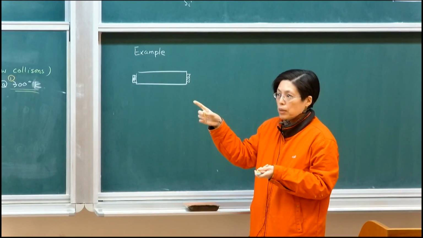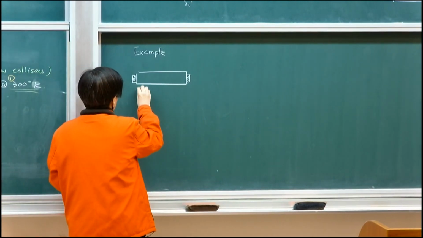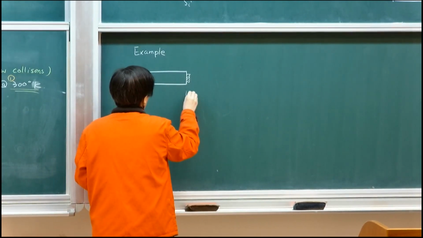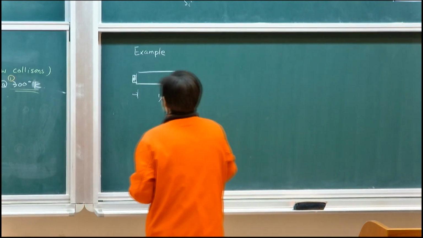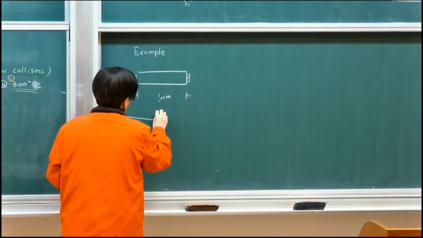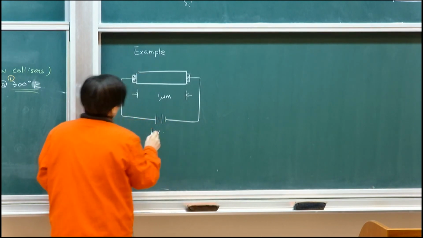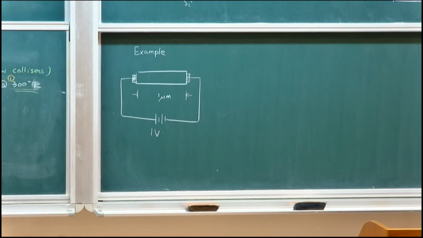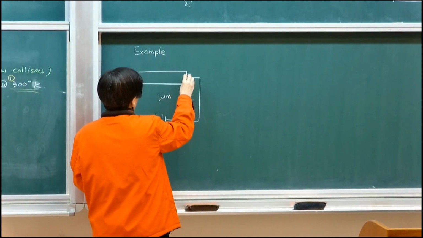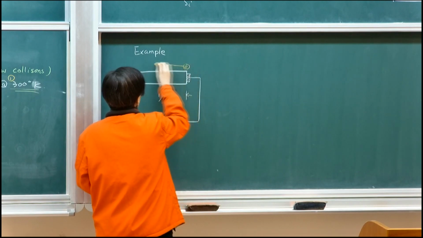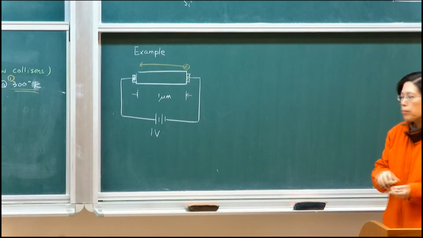if I have a piece of silicon, with a very thin thickness, simply 1 micron between the two terminals, and I'm applying an electric field. I'm giving it 1 volt, and I want to see how fast the electron coming from this terminal crosses this piece of silicon and reaches the other side.